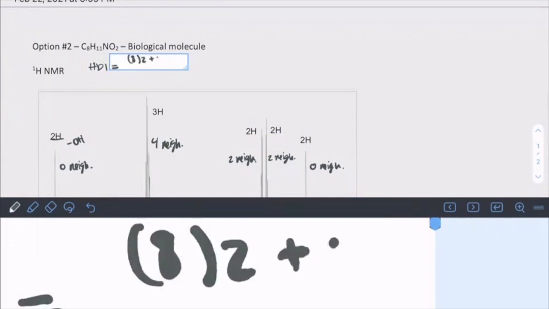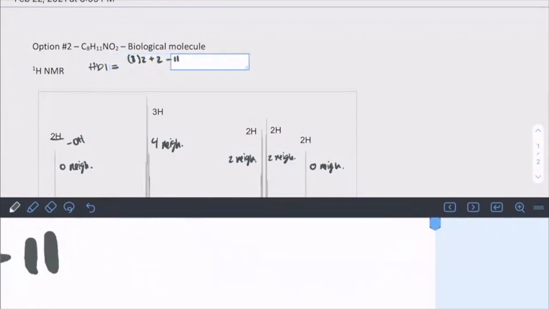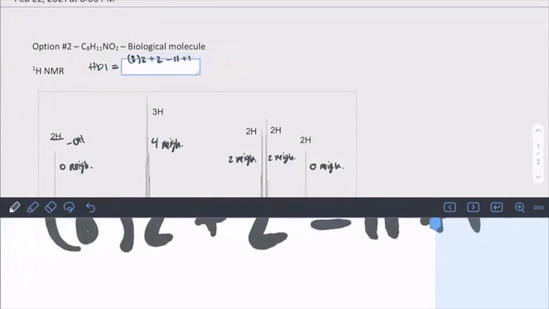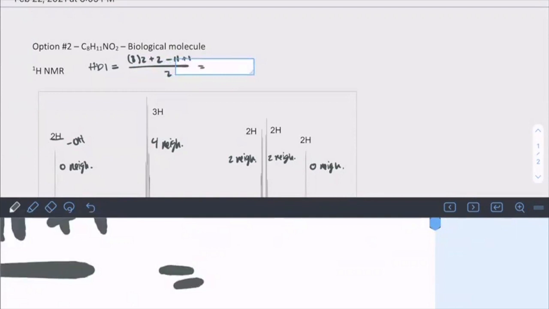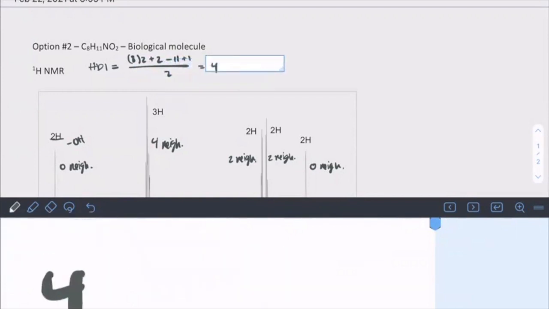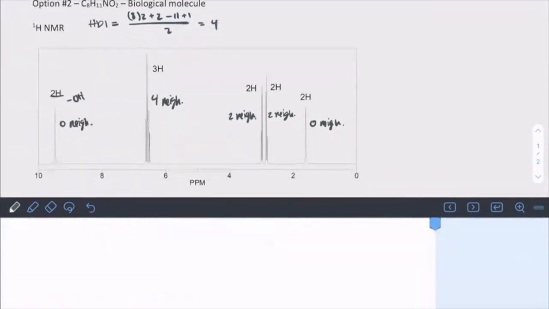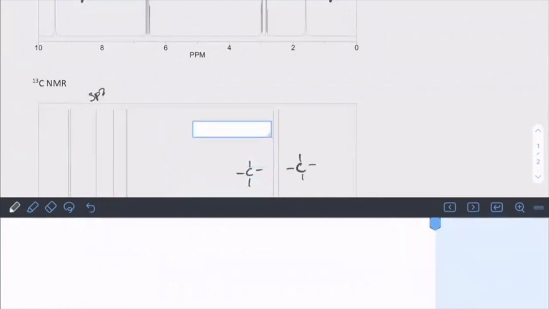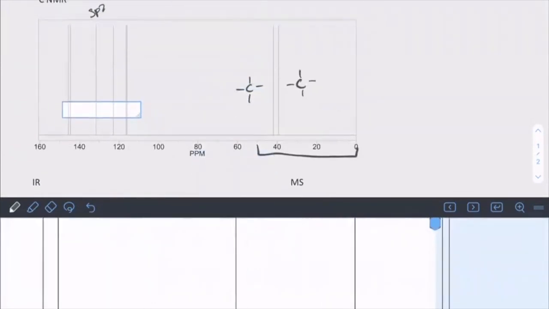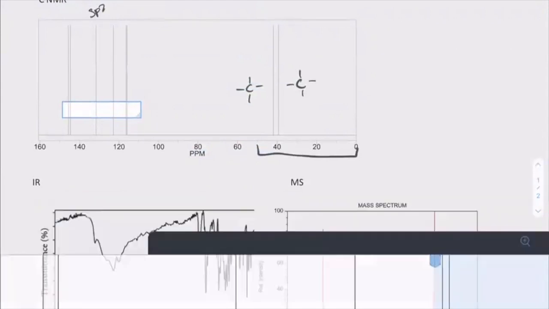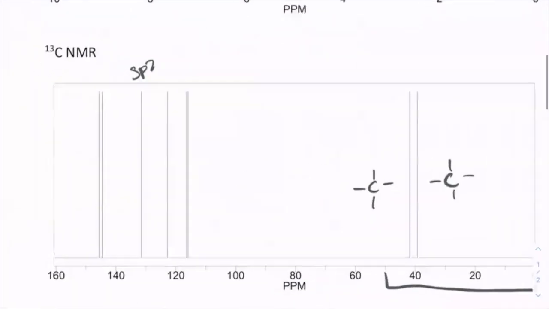Wait, do you guys know what it is for nitrogen? I forget. It's +1, for the nitrogen you just add it to the number of atoms. It's 4. I got 4 too. Cool. All right, so it could be a, what's it called, a cyclohexane. Yeah, and that would explain all of these. Definitely a ring, I'm pretty sure.